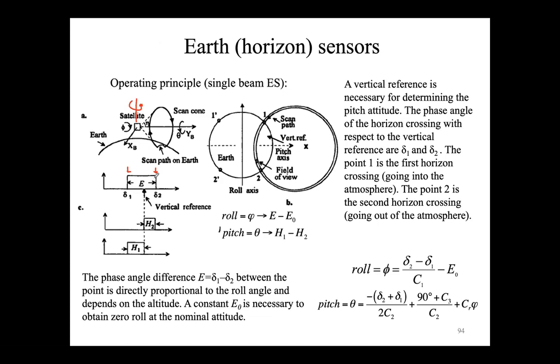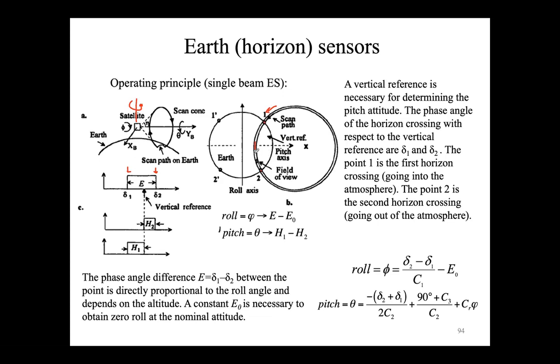Delta 2 and delta 1 give you this intensity that you're getting from the sensors, which is related to the roll axis variation, because this is the Earth disk that you are going to see from the spacecraft. So if you're looking at the spacecraft from above, you're going to see the Earth as this disk here. The scan is going to intersect the Earth disk here and lose the signal here.